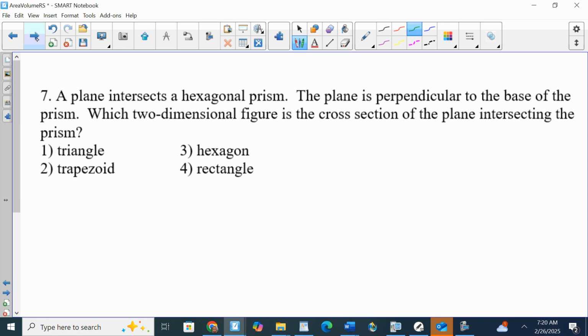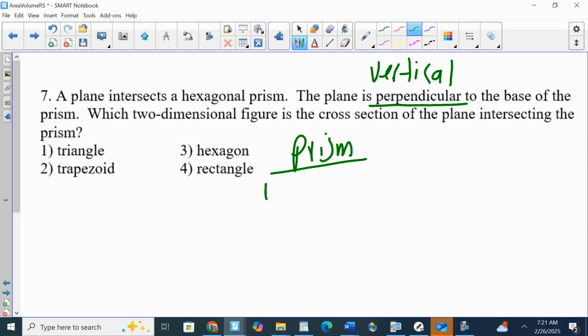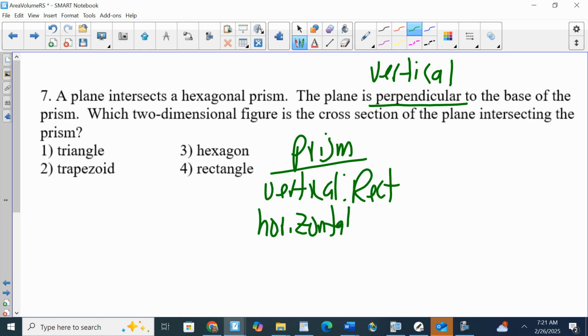A cross-section is a two-dimensional slice of a three-dimensional object. Perpendicular is vertical. Parallel would be horizontal. For any prism, vertical is going to be a rectangle, and horizontal is going to be the base, whatever the base is, for a prism or a cylinder, that is.